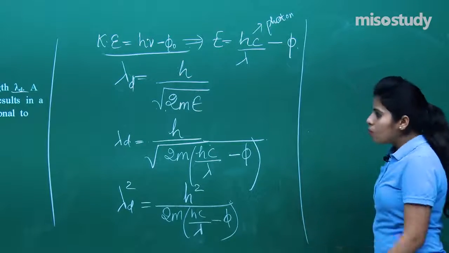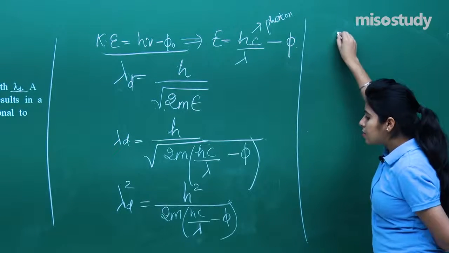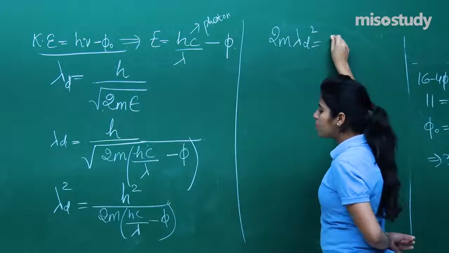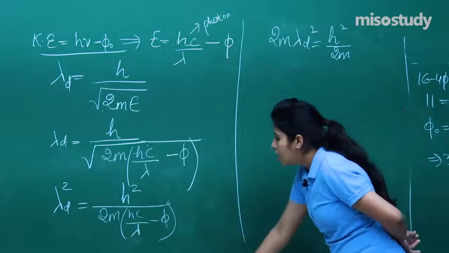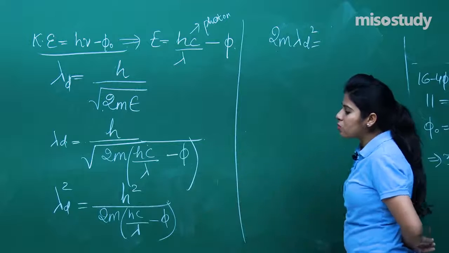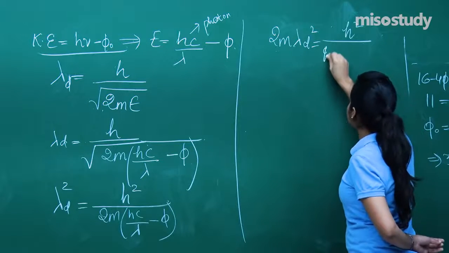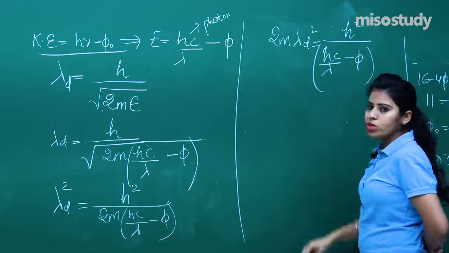Now what I can do from here is, we can say that 2m lambda d square equals h square, that is, h square by 2m lambda d square equals h square upon hc upon lambda minus phi. So you can do this.